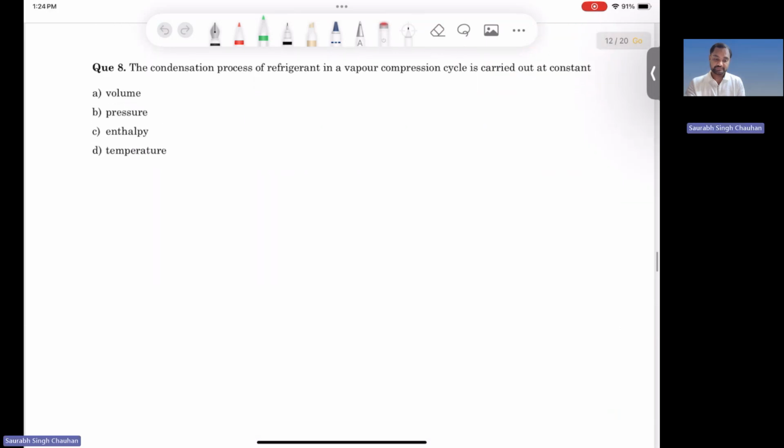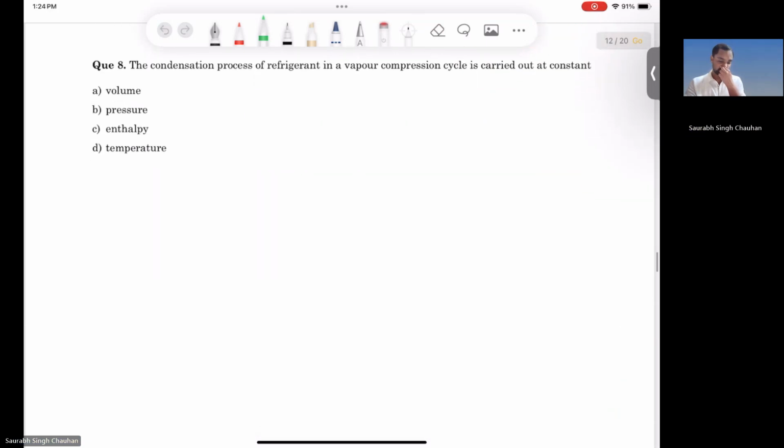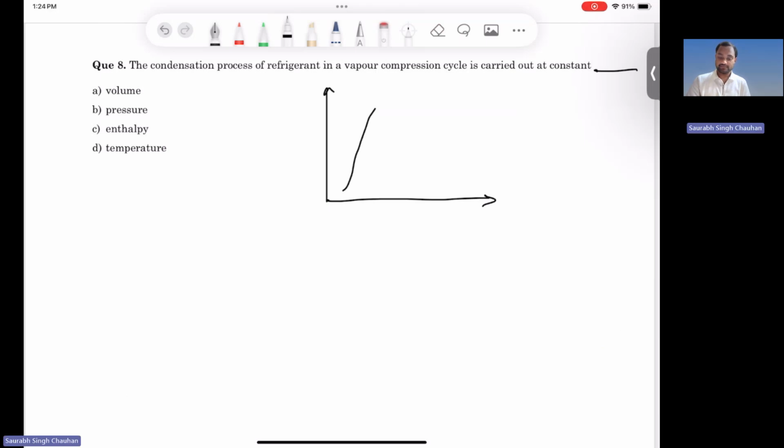Question number 8 says: the condensation process of refrigerant in a vapor compression cycle is carried out at constant, constant volume, constant pressure, constant enthalpy, or constant temperature. This question you can also answer. We will make a TS diagram. Very easy.